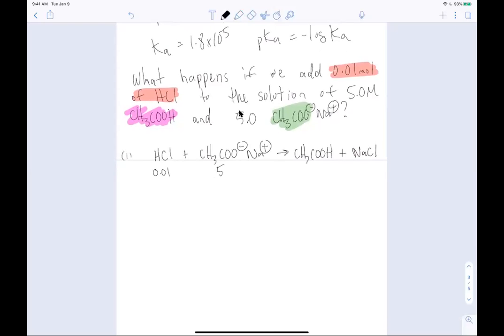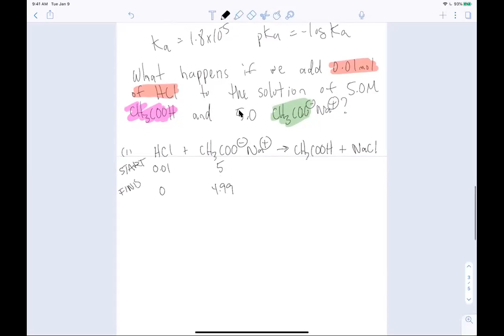And then at the end of this, we'll have 4.99 of that. And we'll have picked up this tiny amount of acetic acid.